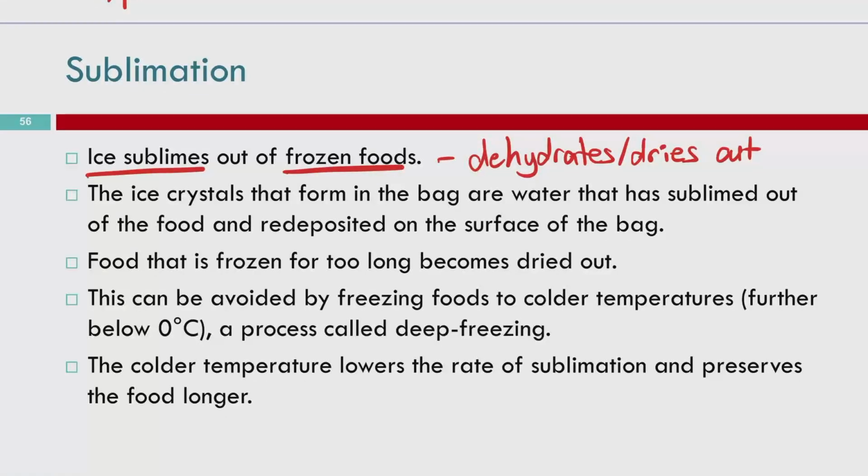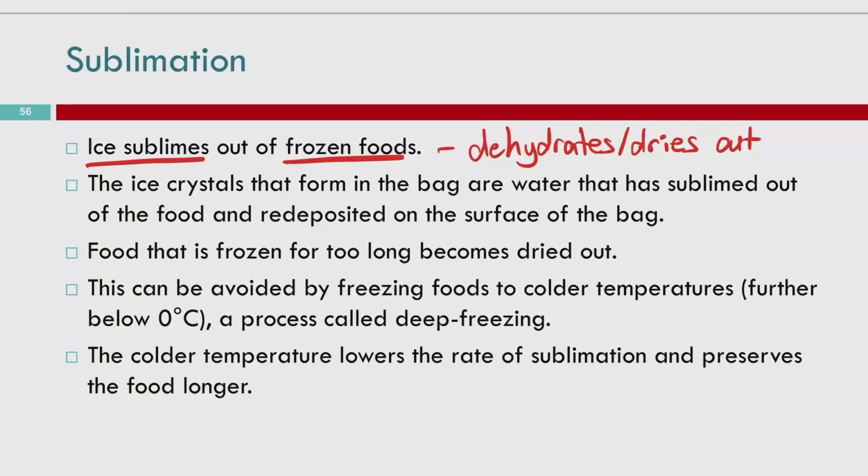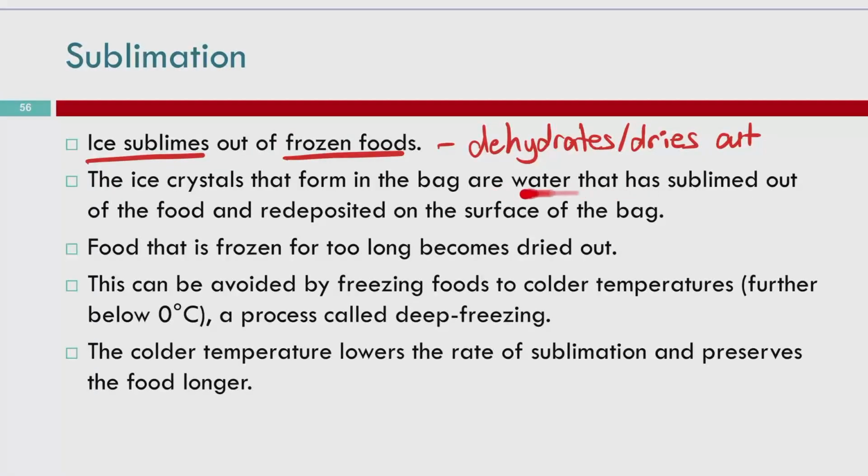So if you buy frozen peas or frozen mixed vegetables or something else like that, there are ice crystals in the food, frozen water inside of the food. And over time, you're going to get ice crystals that form on the inside of the plastic bag, on the surface of the bag. Those ice crystals are water that has sublimed out of your food and redeposited on the surface of the bag because it was stuck in that container, but it got out of the food and it froze itself onto the container.